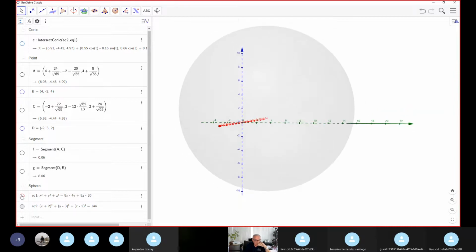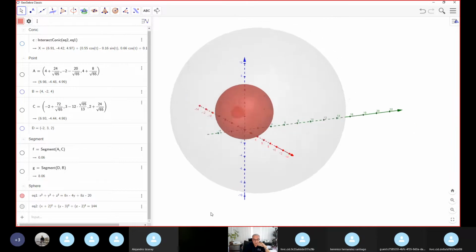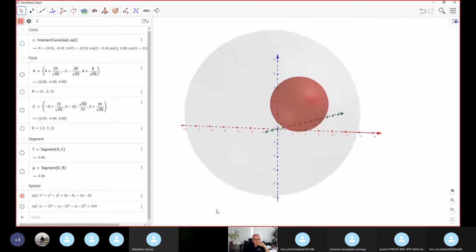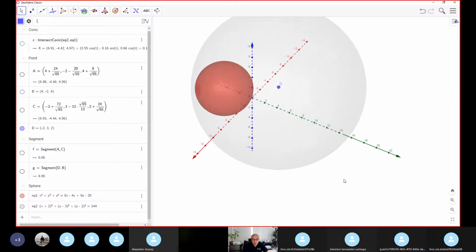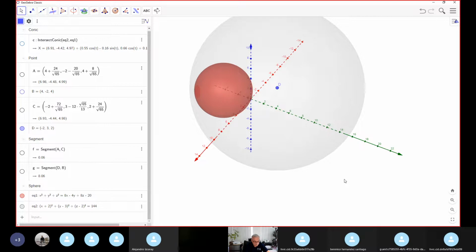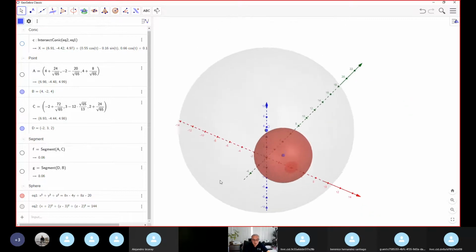And this is the small sphere. Well, I put another color. This is the center of the big sphere, the first one, and the second is this center. Do you see? Fantastic, no?